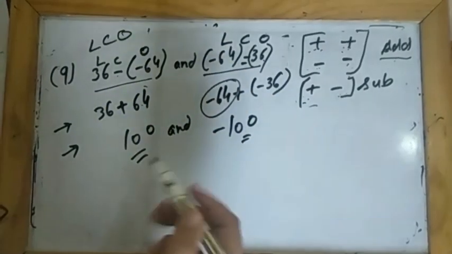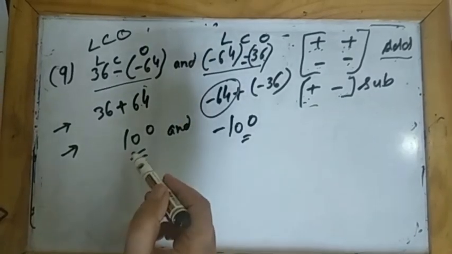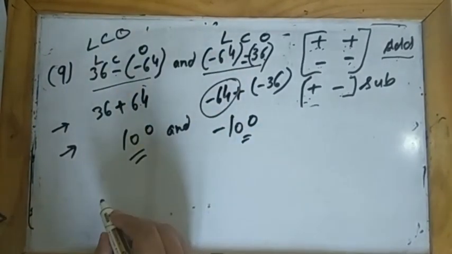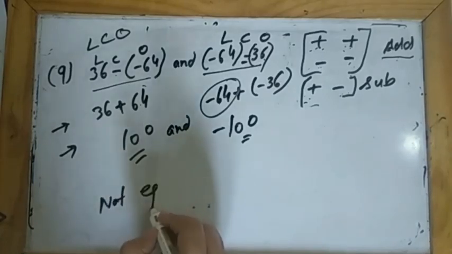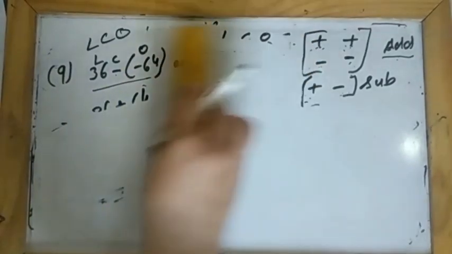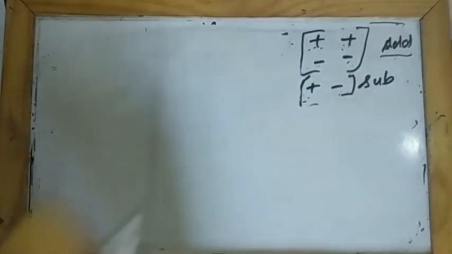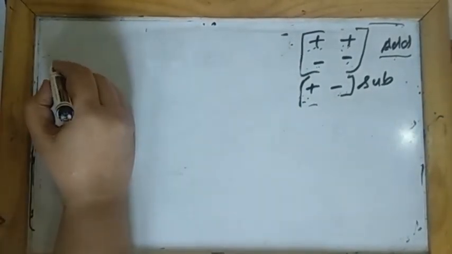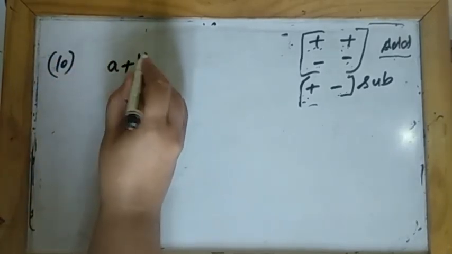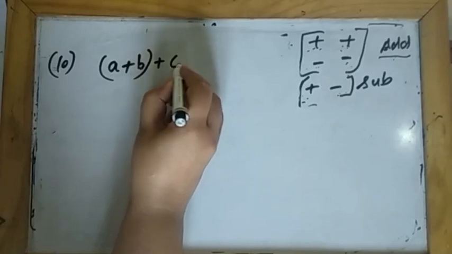They are not equal, because here I have got positive 100 and here I have got negative 100. Okay, now I come to the 10th question. They have given you a statement like this.